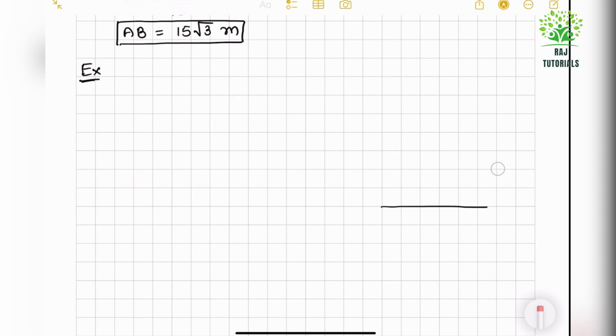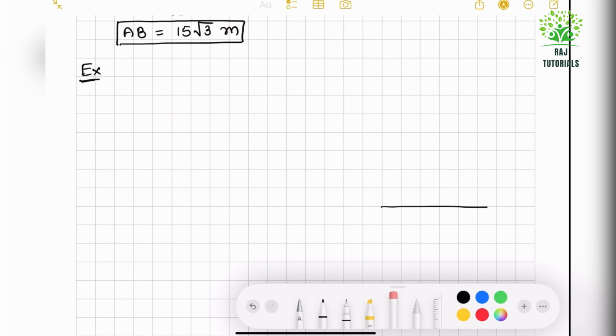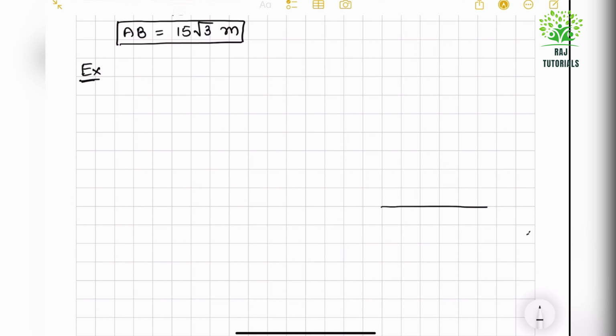Suppose this is the top of a building and one student is standing here watching from here, that is eye level, the top of the tower. So his eye level will be this line, the dotted line.